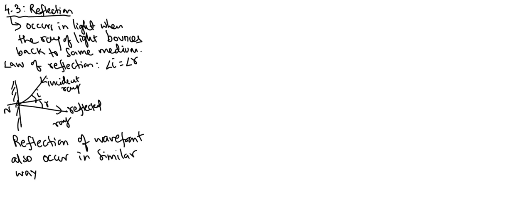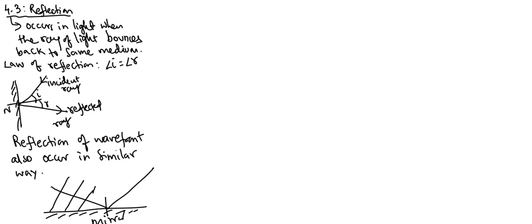So if you have a polished mirror, and then you have your ray of light coming, and then you have a normal, it just goes off, and your I is equal to your R.